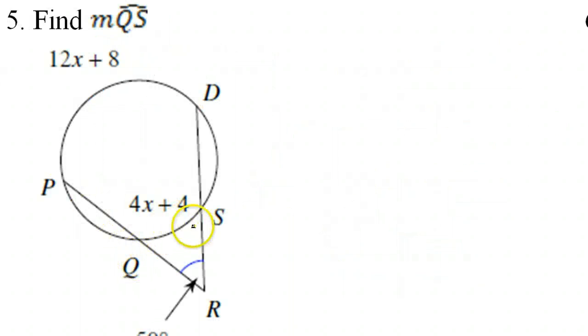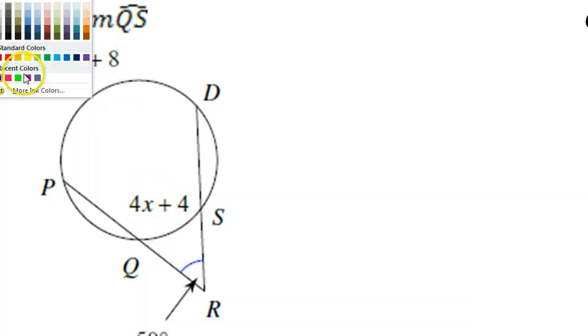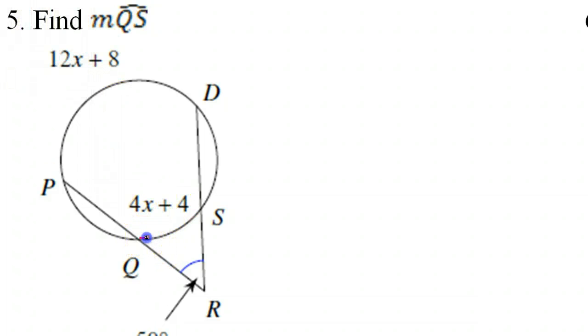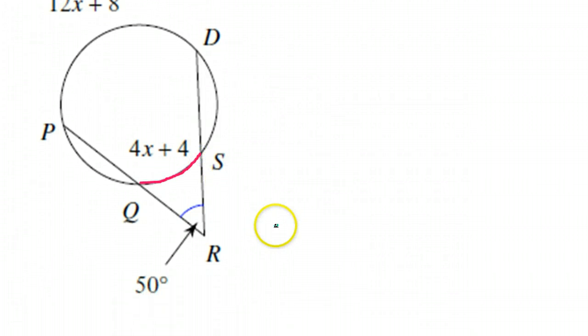Okay, fun stuff begins here with number 5. We're supposed to find the measure of arc QS. So we are looking for this arc right here, QS. But instead of just being given numbers and a variable, we have this whole expression, 4x plus 4, that we have to work with.